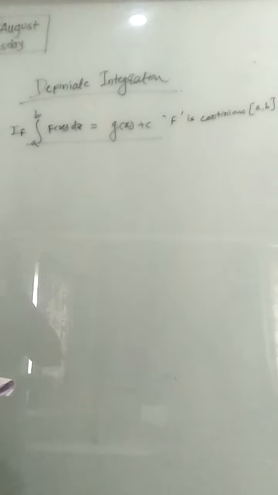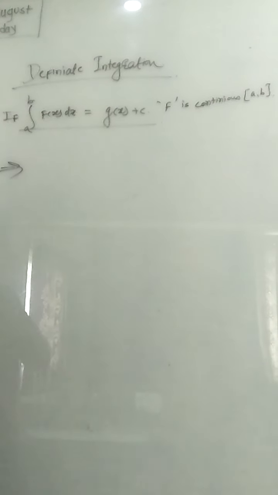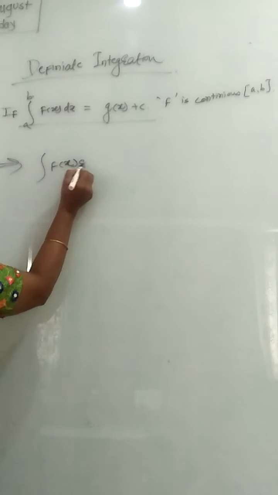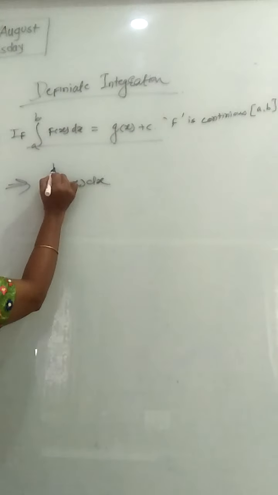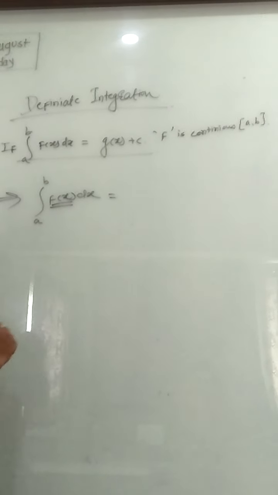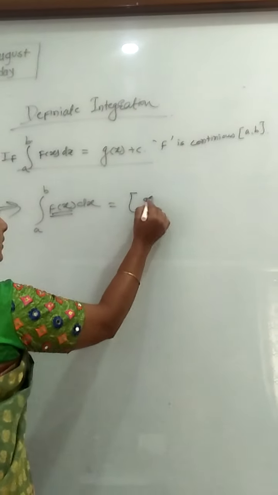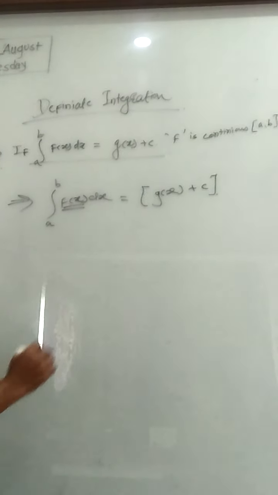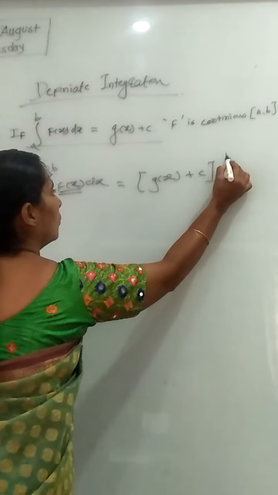Then let us show this theorem. Let the given function be f of x dx and the integral is in limit a to b. Then we know the integration of f of x is g of x, and for the integration we have to take the constant c and the limit is a to b.